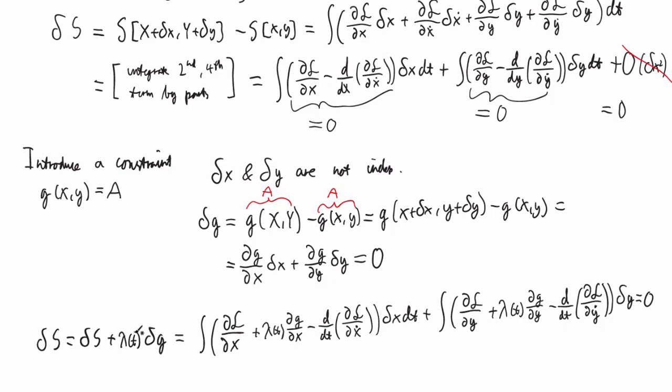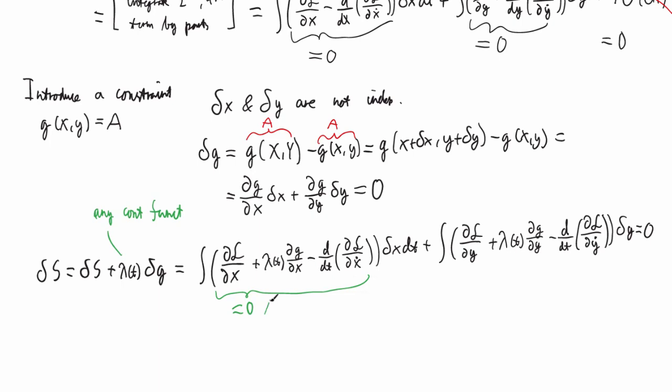Now, lambda of t is actually any continuous function. So we can choose that, in principle, to make the first integral equal to 0.